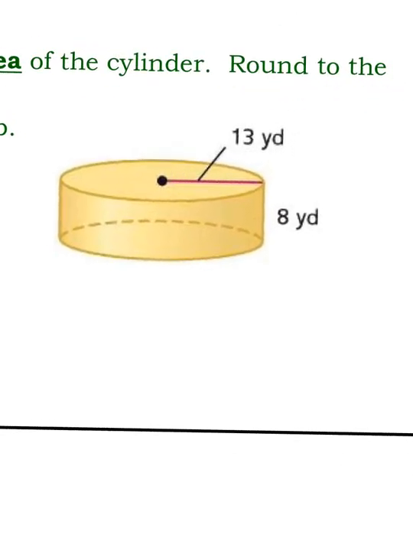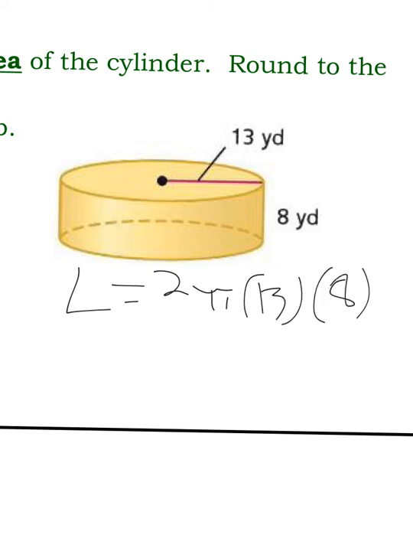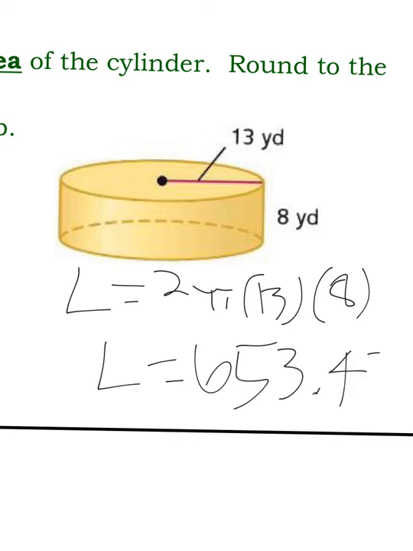Let's see here. So I'm given the radius and I'm given the height. So the first step I did was find the lateral area. So L equals 2 pi r, well r is 13, h is 8. So I get L is about 653.45.